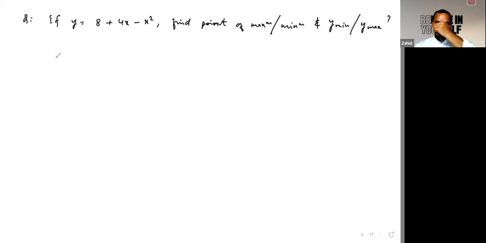So whenever you have to calculate maximum or minimum, just differentiate, put dy dx equal to 0. Try to differentiate and put it to 0 to get the value of x. Try to solve, everyone.